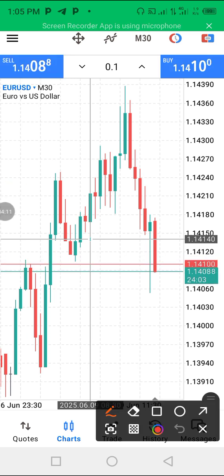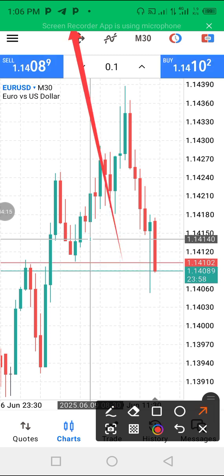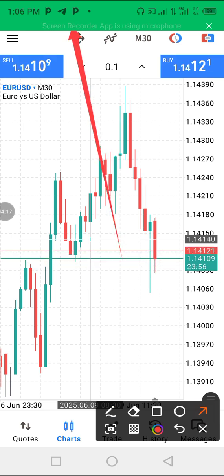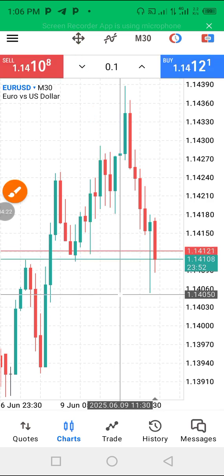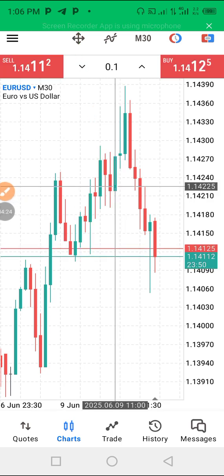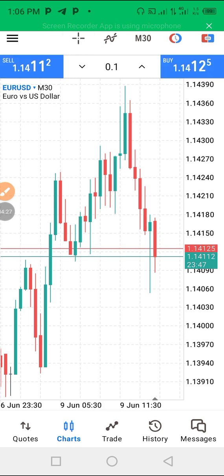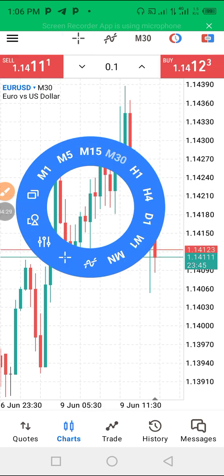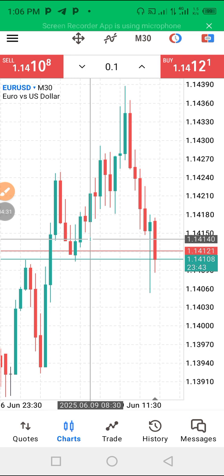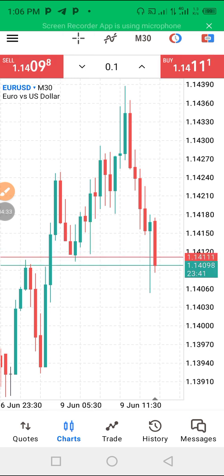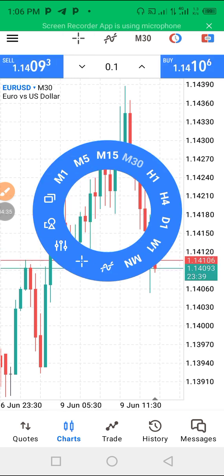To make the cross go away, you either tap on the cross up here, or you tap on the screen again. You tap on the cross, it goes. If you want to come back again, you tap on the cross again, it comes back.